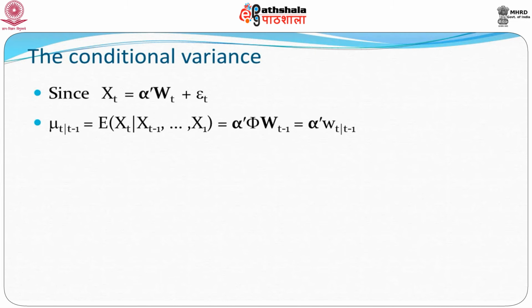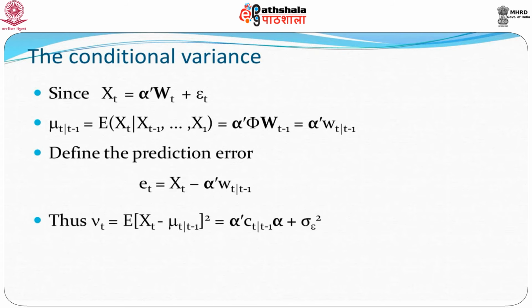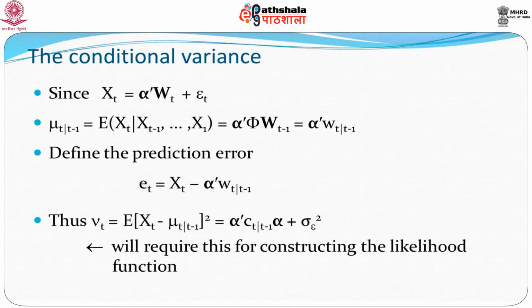Now, let us look at x_t is equal to alpha' W_t plus epsilon_t. If we look at the conditional expectation of x_t, which is mu_{t|t-1}, this would be given by alpha' phi W_{t-1}, because the epsilon term has 0 mean, so that does not count, and the expectation of W_t we have seen is phi W_{t-1} given the past.